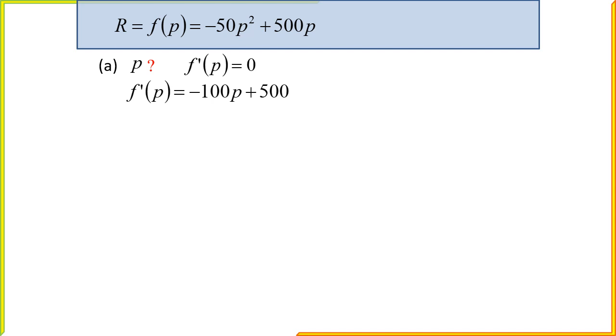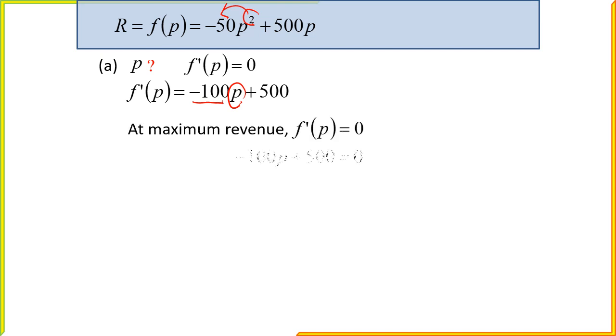To find the derivative F'(P), it will be 2 multiplied by -50, which is -100, P to the power of 2 minus 1, which is P, plus 500 P to the power of 0, which is 1. That's why we have 500 only. The next step is to equate F'(P) with 0. So -100P + 500 = 0, and P is equal to 5.